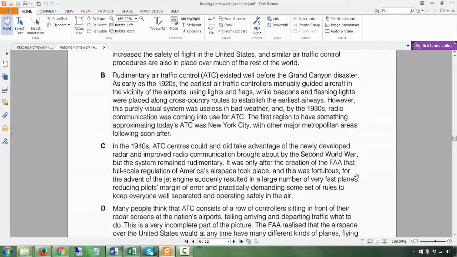Okay, so you have the 2 developments: probably the creation of the FAA, that full-scale regulation of America's airspace took place, and this was a coincidental event, and then the advent of the jet engine resulting in a large number of very fast planes. Okay.